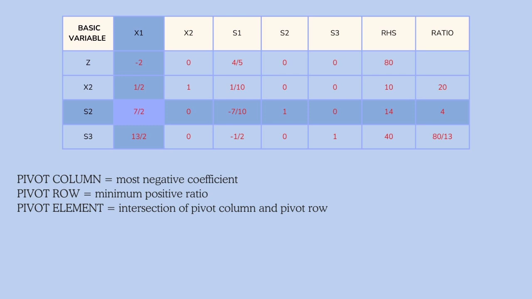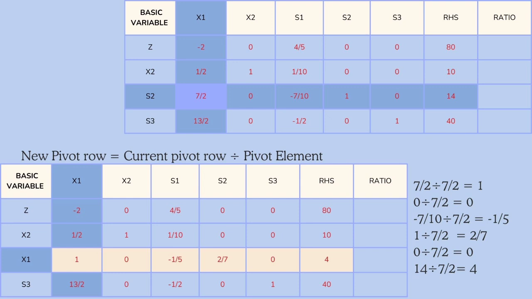Diba? So, new pivot row is equals to current pivot row divided by pivot element. So, kagaya lang talaga ng procedures kaninang ginawa natin. So, tatanggalin na natin yung leaving variable which is yung S2. Then, papalitan ng entering variable, which is yung x sub 1.